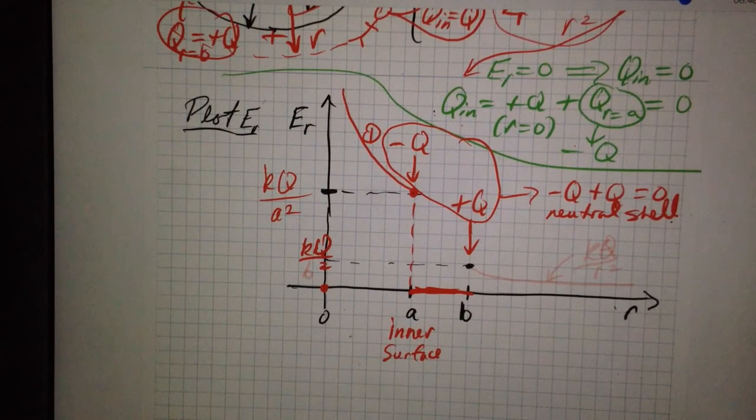That's b squared, because that's where we are, right? We're at little r equals b, so for little r, we put b. And then it just dies off in that smooth way. So this function here is still kQ over r squared. So that's about as simple as it gets.